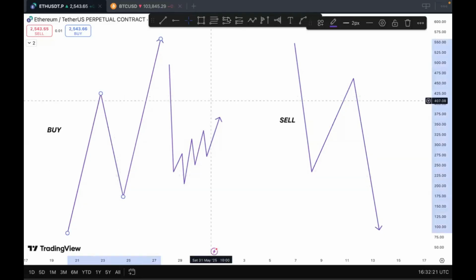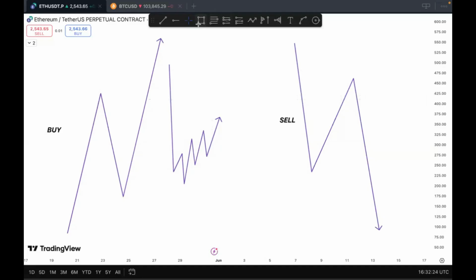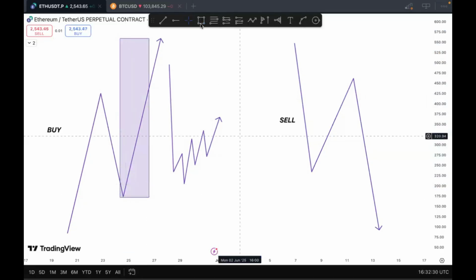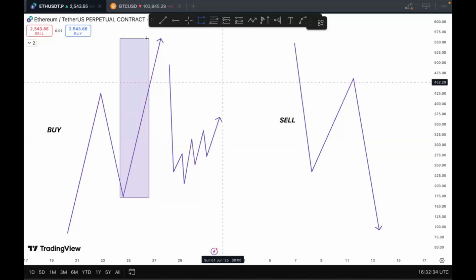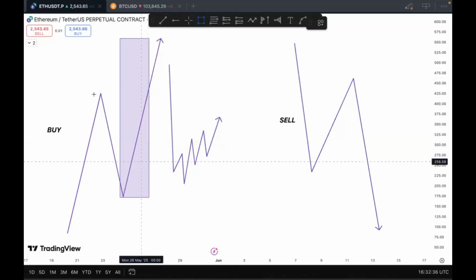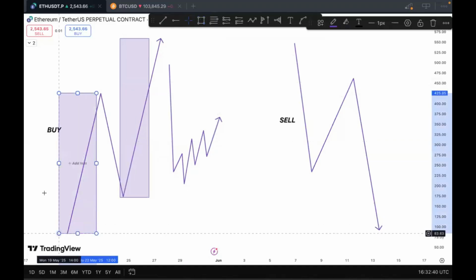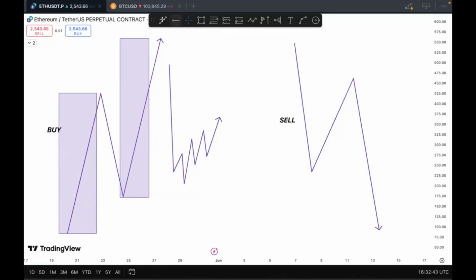The current trend of the market is from here to here. Where I want to place my Fibonacci retracement tool is here to here, not here to here. Why? Because this high has been taken out.